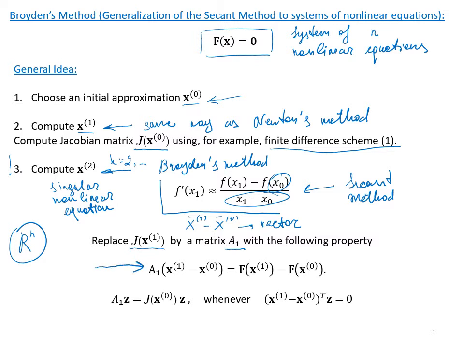And in order to define a unique matrix A, this matrix should follow these two properties, property 1 and property 2, where z is just a vector from n-dimensional real-valued space.